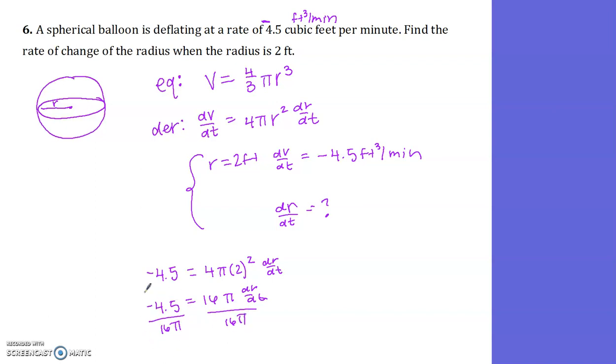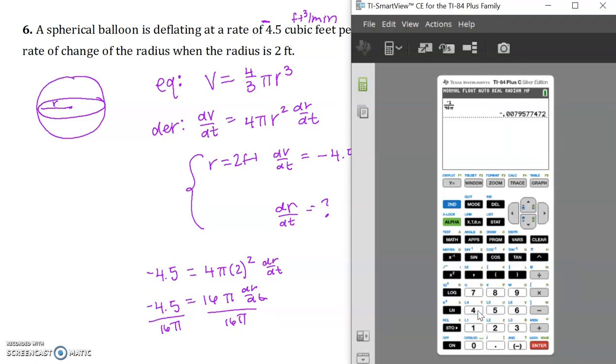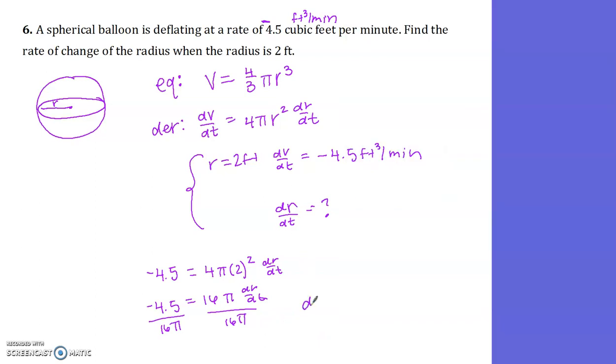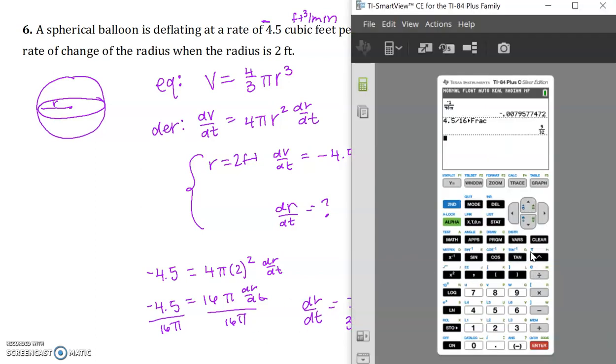And you don't want to leave a fraction in a decimal. So if you're going to leave this in terms of pi, you would do 0.45 divided by 16, change it to a fraction, and leave that pi on the bottom. So you will get dr/dt equals negative 9 over 320 pi, or you can type that in on the calculator.